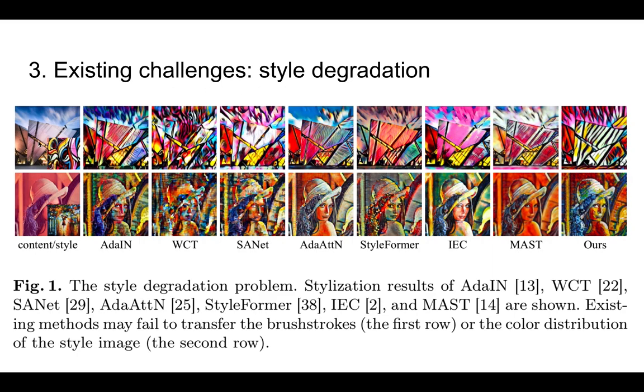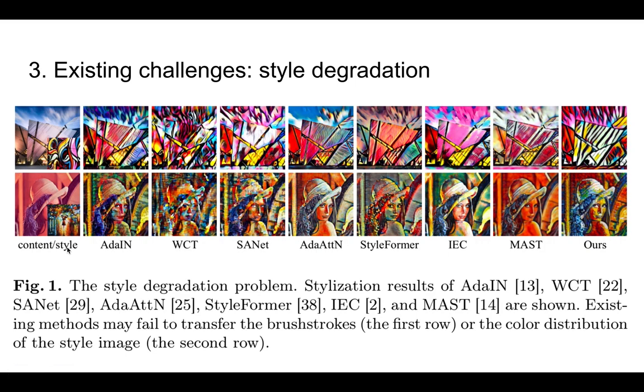In the first row, you can see that the complicated patterns, the broad stroke information like thick lines can never be found in the stylization results. It failed to transfer the content image with sufficient broad stroke information.